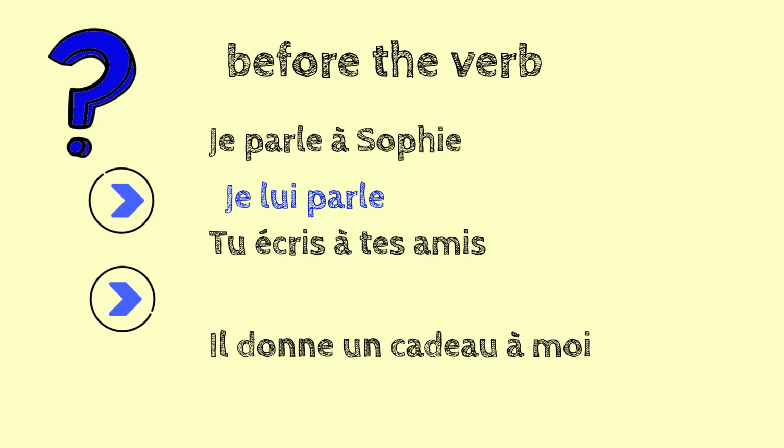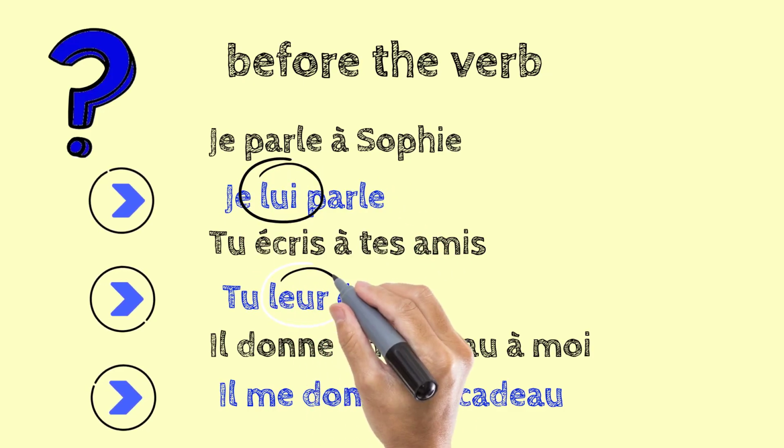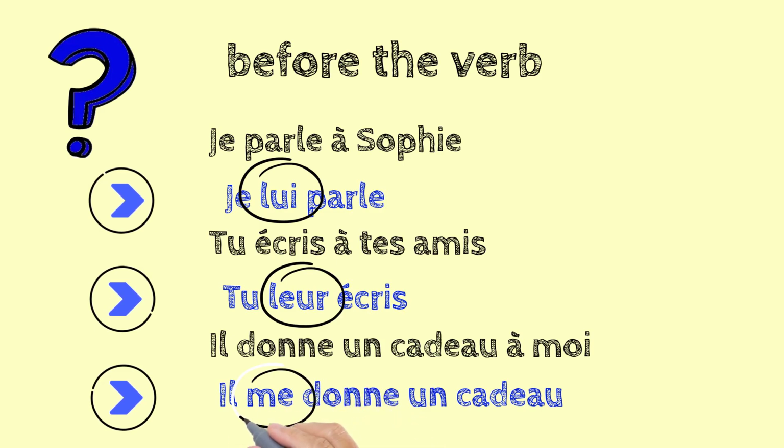In the second sentence, we would say tu leur écris. You are writing to them. And the third one, il me donne un cadeau. He gives a present to me. And you'll see in each of these sentences the indirect object pronoun, so lui, leur, and me, go straight before the conjugated verb.